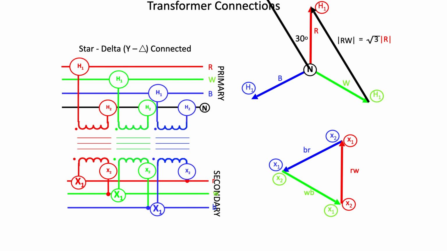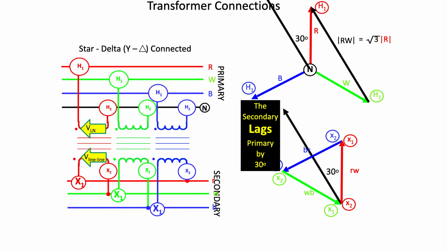And because the phase-to-neutral primary is magnetically linked on each transformer to the phase-to-phase secondary, as you can see from the phasor diagrams, the phase-to-phase primary leads the phase-to-phase secondary by 30 degrees.